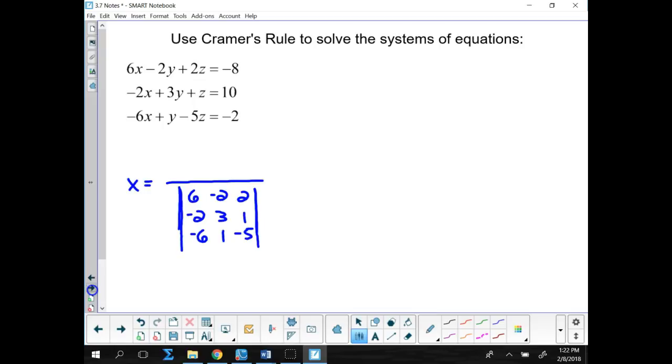If I am solving for x, then my numerator is going to have the x coefficients replaced with -8, 10, and -2.